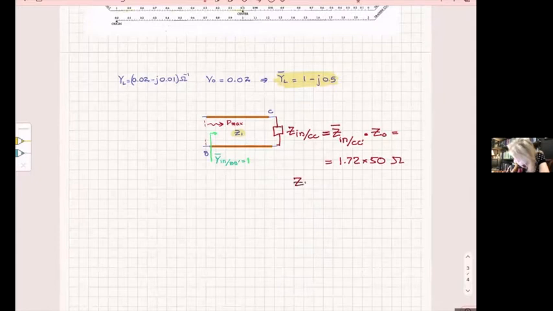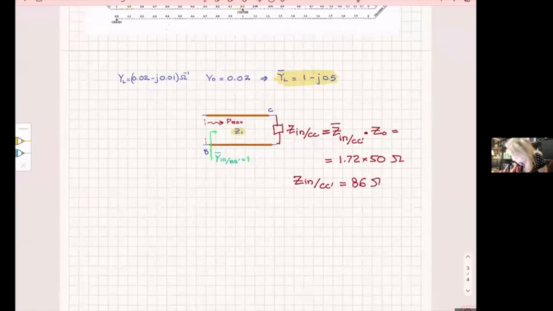So my Z input at CC prime becomes, how much is that? 65? No, is it 65? Let me see, make sure I don't make any mistakes. 1.72 times 50, 86, not 65. 86 ohms. Okay.